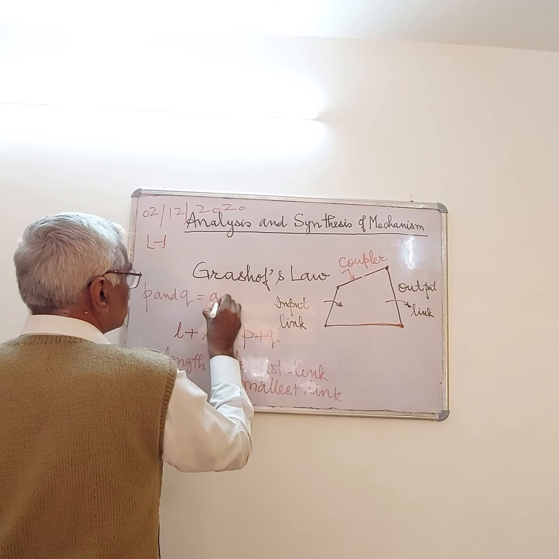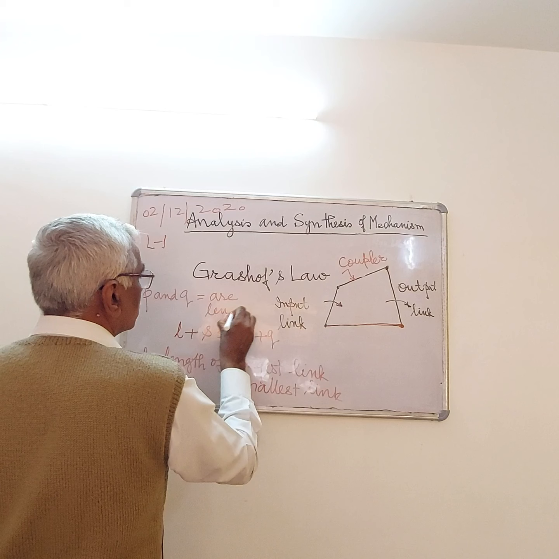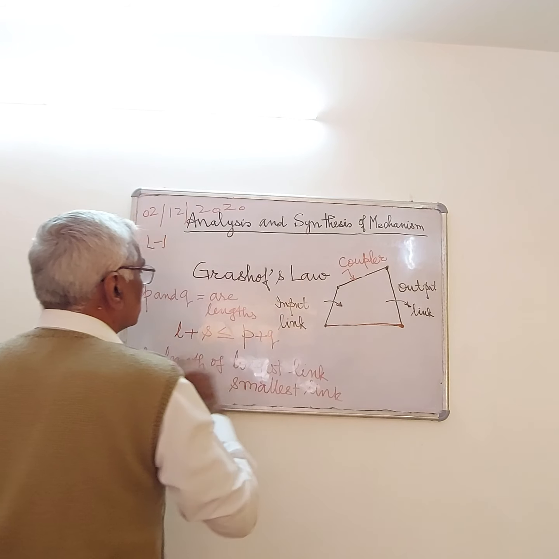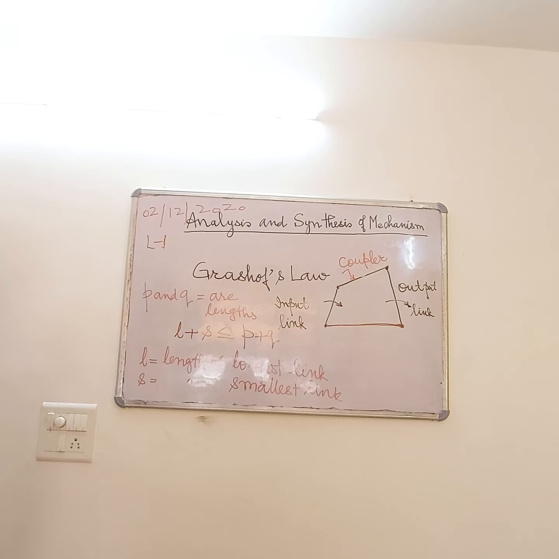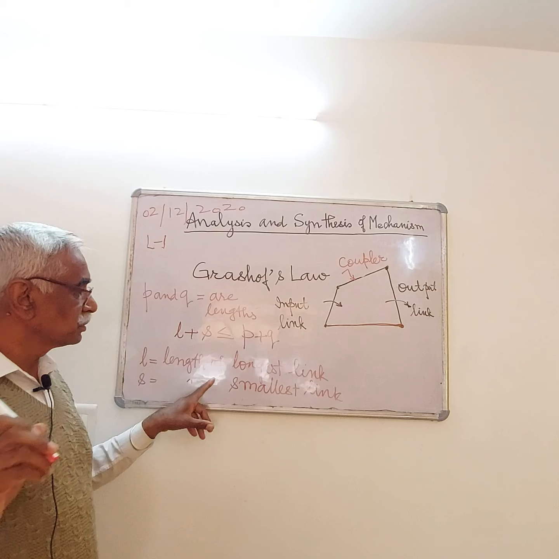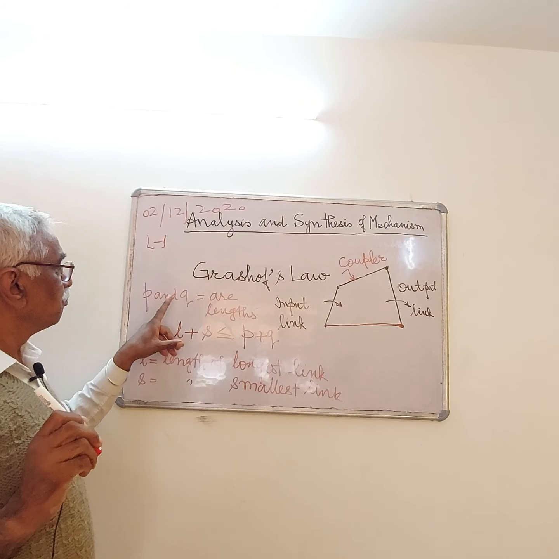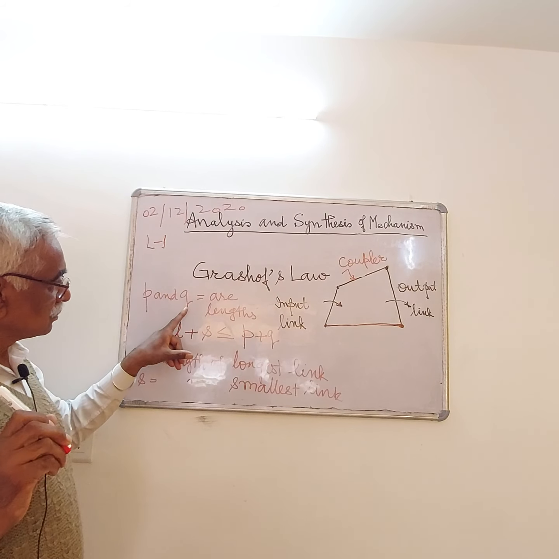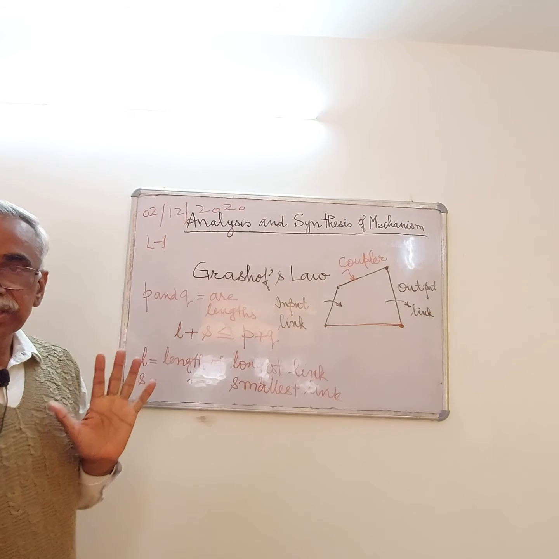S is the length of the shortest link, or smallest link. P and Q are the lengths of the remaining two links, because there are 4 links.